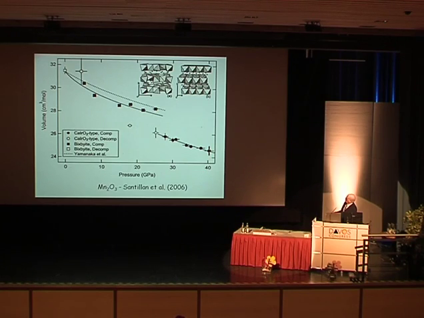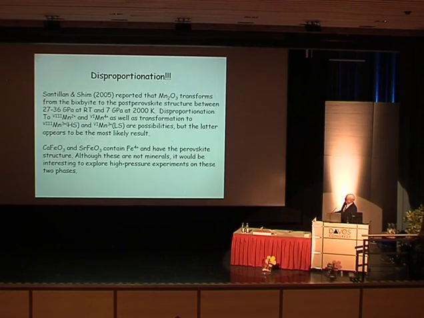Santillan et al. did a study of Mn2O3 and found there was a phase transition at about 25 to 26 GPa, and it turns out that it goes to the post-perovskite structure between these pressures at 2000 K. Transition to Mn2+ in 8 coordination plus Mn4+ in 6 coordination is a possibility, but it's more likely that it goes to Mn3+ high spin and Mn3+ low spin.